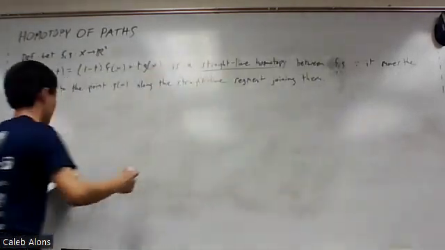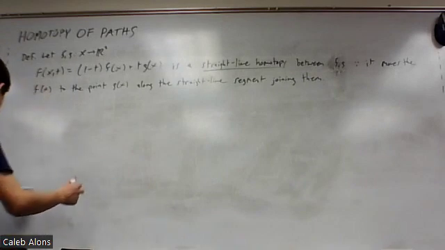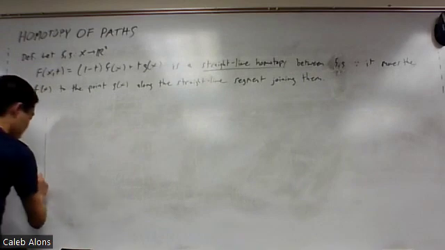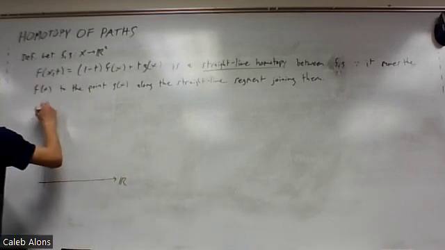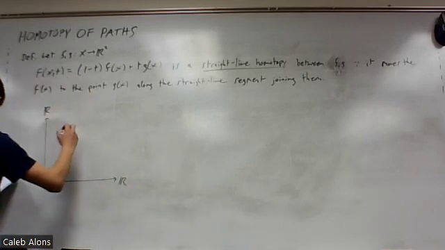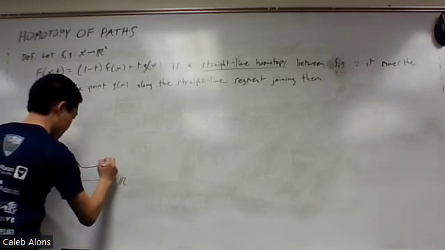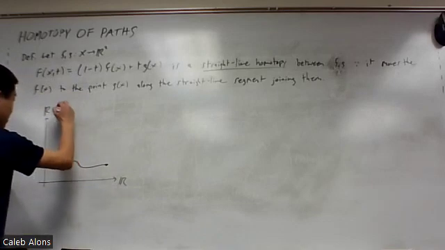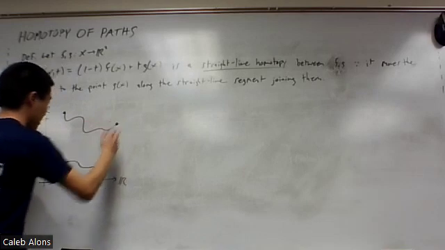Now if they're paths, then it's path homotopic. So there's two cases. You don't actually have to have paths, and I haven't drawn one of those yet. So you could have a situation. Here's R cross R, and you could have your first map be something like that, and then another map up here.